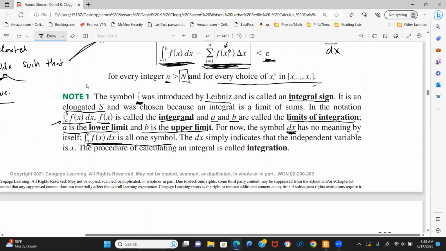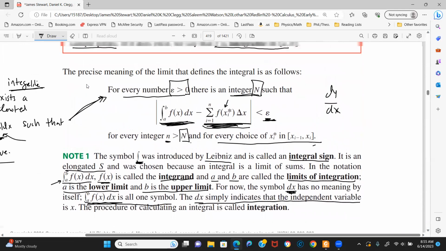But one thing the dx does is indicate the independent variable of integration. So it's telling you we're integrating with respect to x, just as this means you are differentiating with respect to x. You're finding the rate at which y is changing with respect to x.